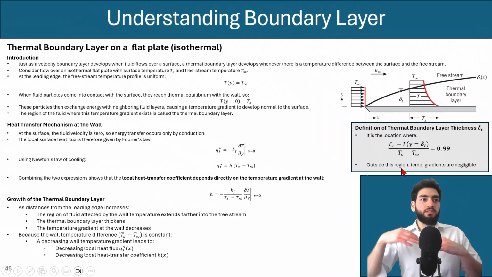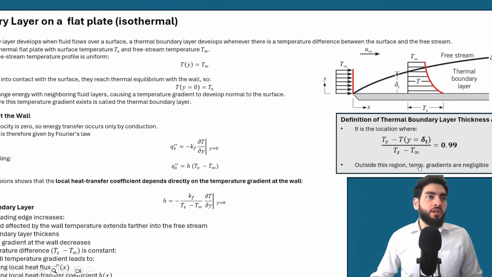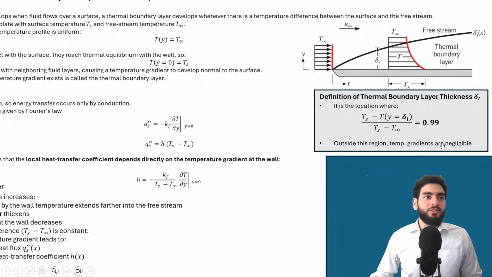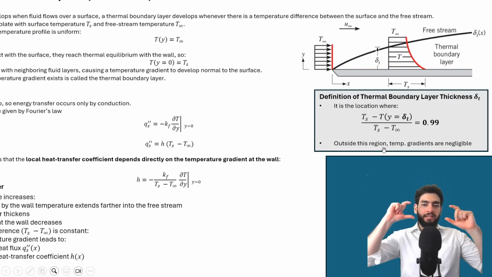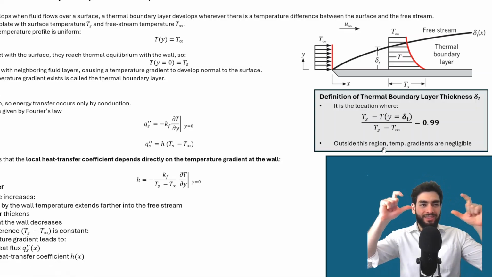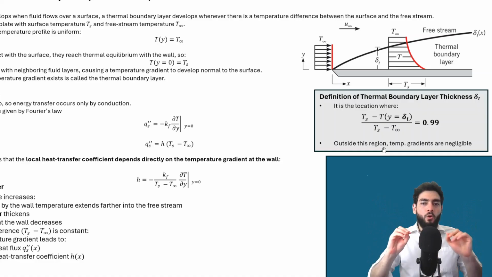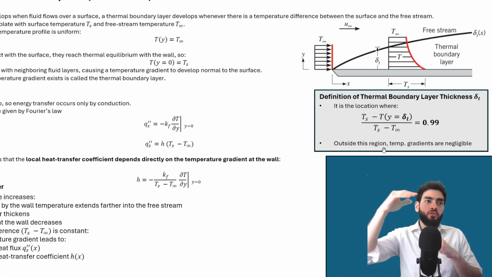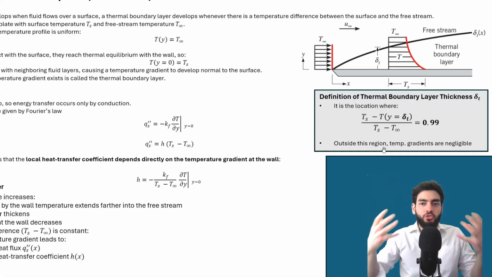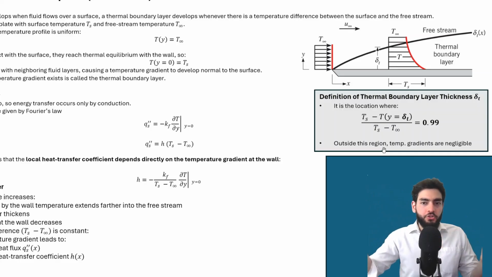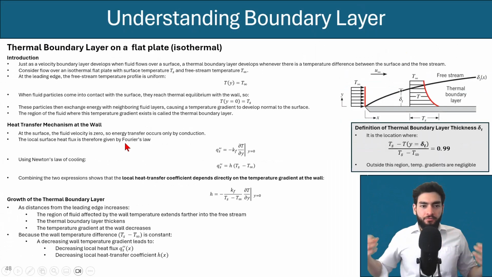And essentially outside this region, the temperature gradients are negligible. As you can see, the whole point of the thermal boundary layer thickness definition is that it's trying to pick a point after which you could assume that the fluid assumes the bulk flow conditions and that the impact of any diffusion is negligible.